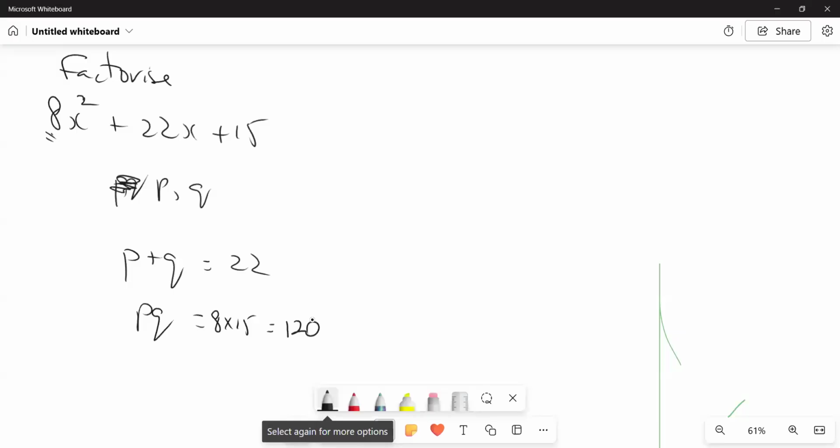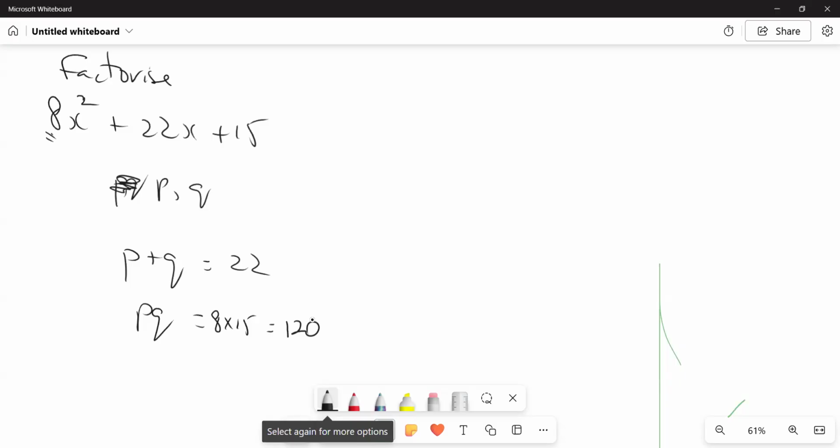Sir, 11. 11 and what? Where did 11 come from? Not 11 plus 11 and then 11 times. They will add to be 22, but they wouldn't multiply to give you 120.